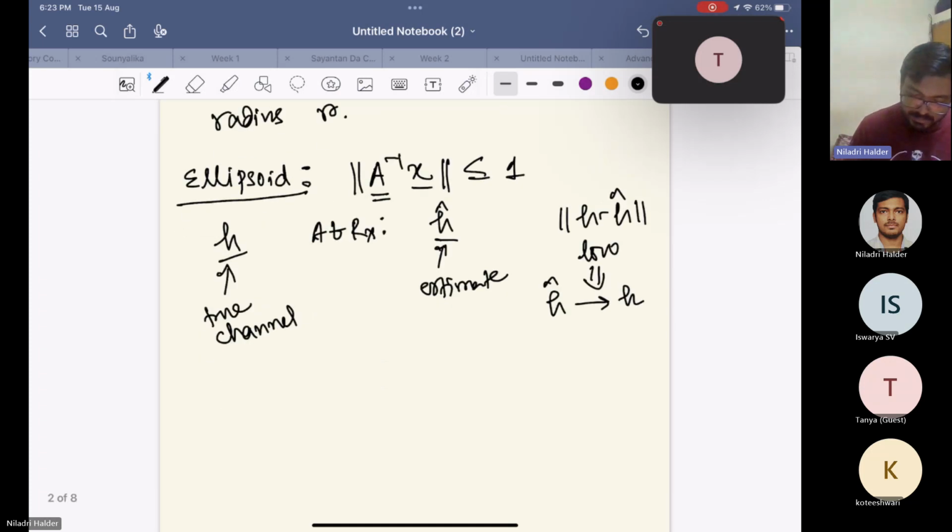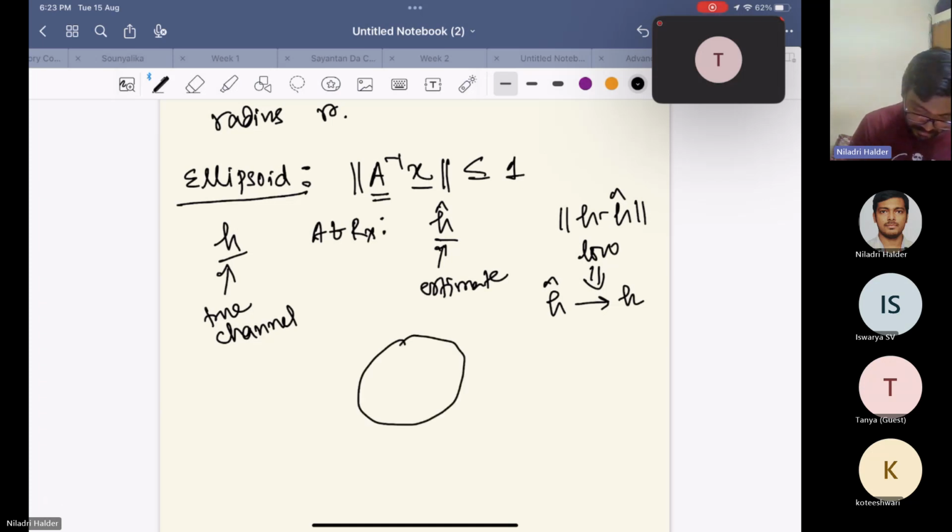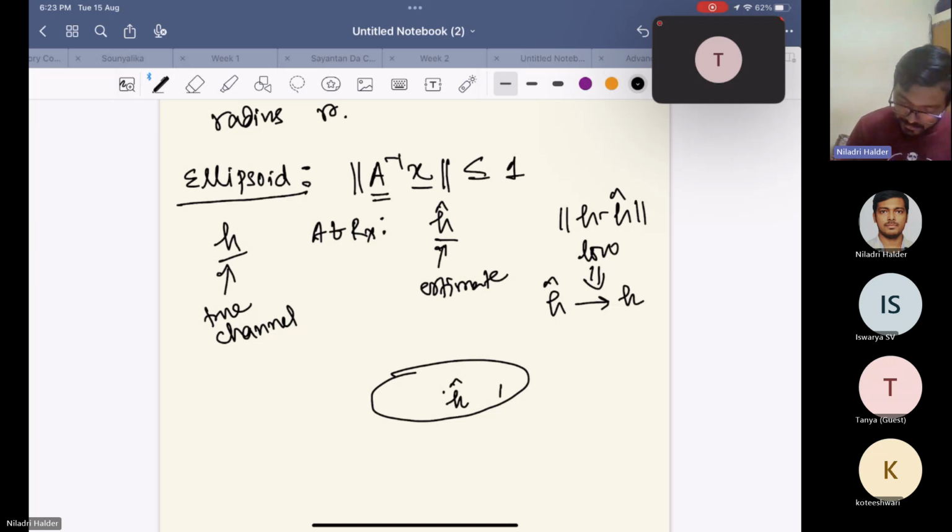He has shown that this is the ellipsoid. Suppose the center is h hat, then h will be in this ellipsoid, somewhere here. If the estimate is proper, a true estimate, then h will fall on h hat.